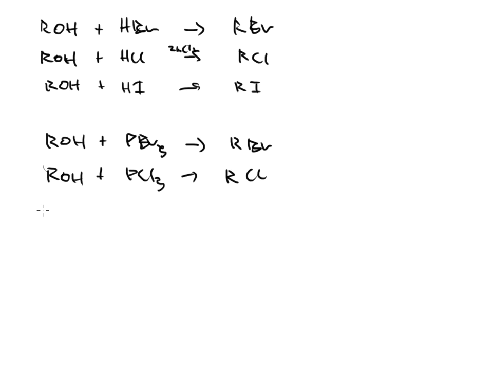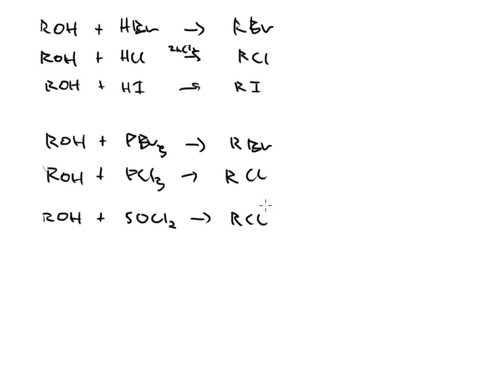And now we've talked about taking an alcohol and this time reacting it with SOCl2, thionyl chloride. And what happens? The OH goes off, and a Cl goes on in its place.